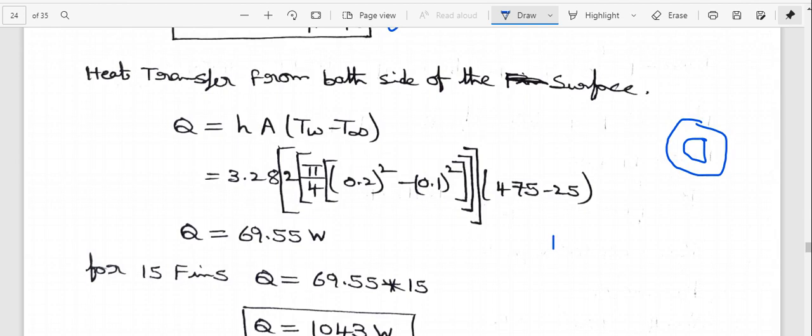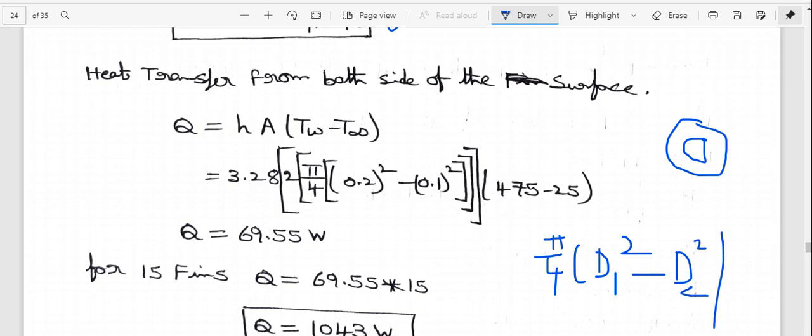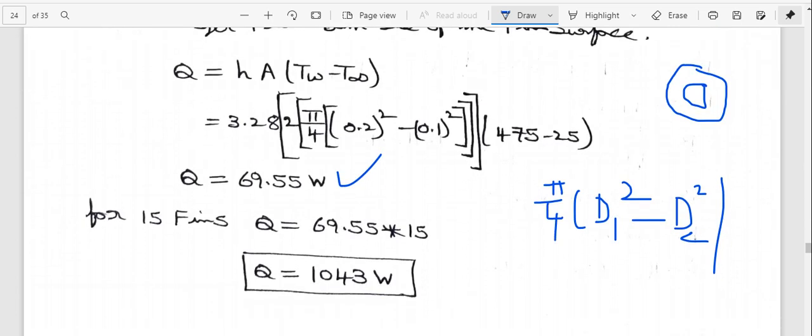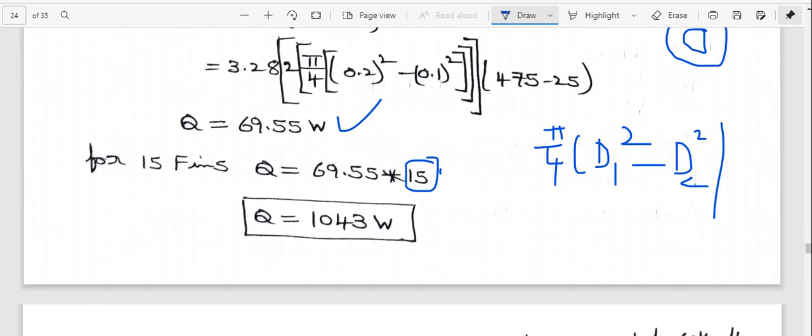So pi by 4 into d1 square minus d2 square is the area of the cylindrical object. So Q equal to 69.55, and this is for only one fin. We need to calculate for 15 fins, that is Q into 15, the number of fins. So Q equal to 1043 watts. So this is the free convection.